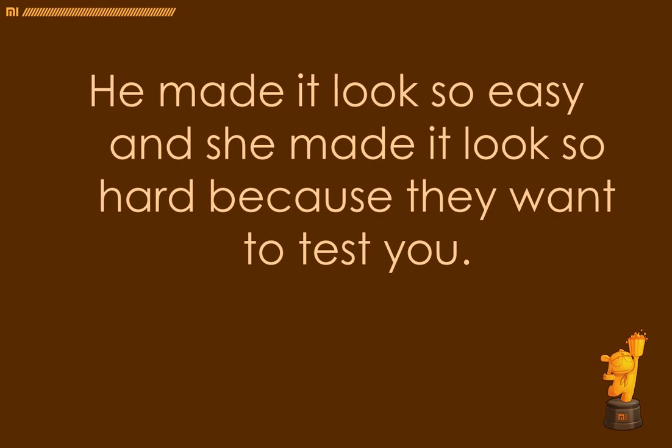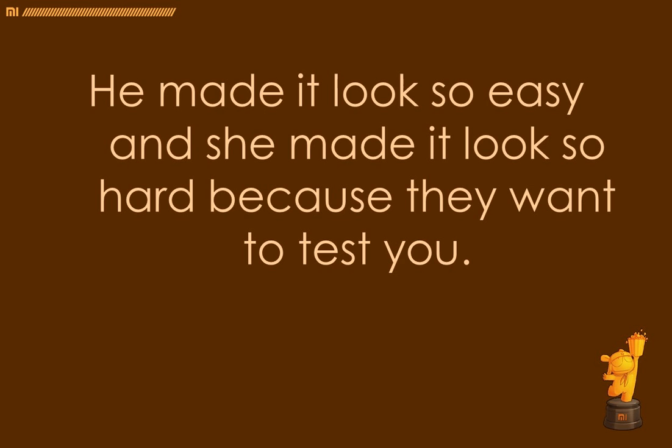Number 2. He made it look so easy and she made it look so hard because they want to test you. He made it look so easy is an independent clause because it has a subject and a verb and it does not have a subordinating conjunction introducing it. She made it look so hard is the second independent clause in the sentence because it is introduced by the coordinating conjunction and.